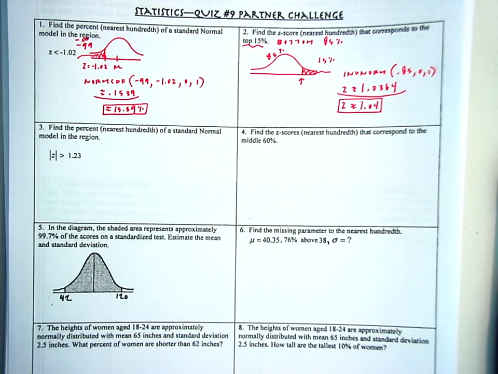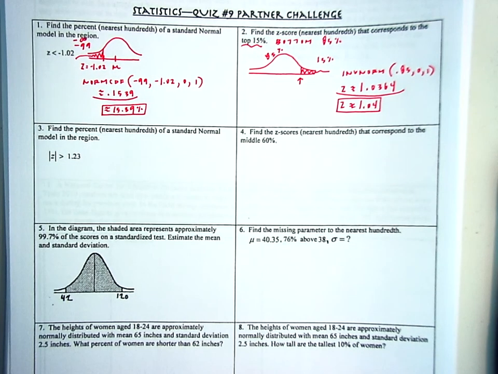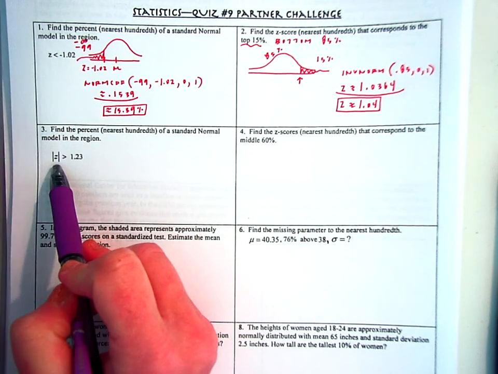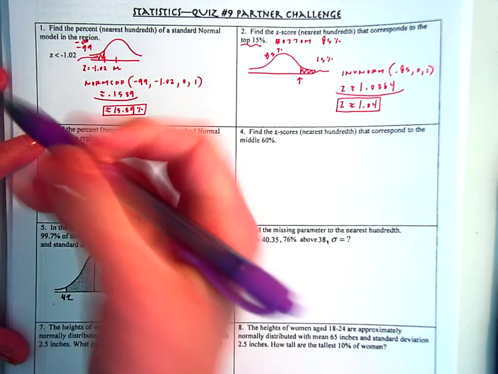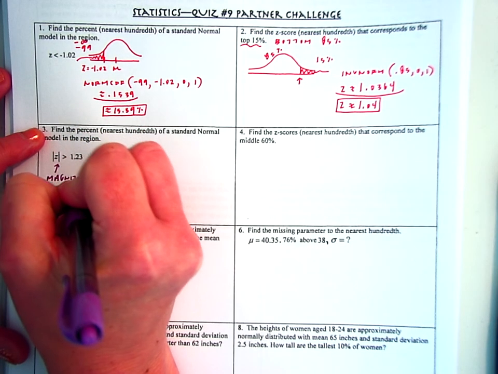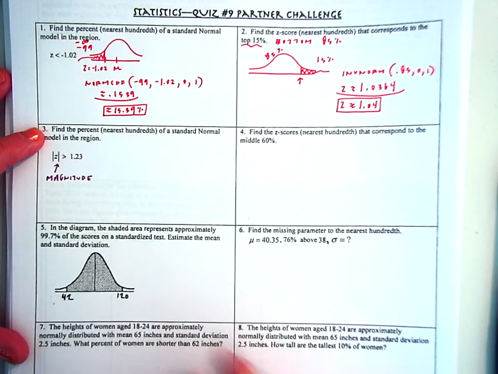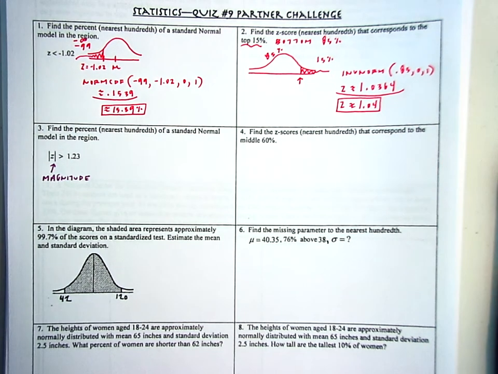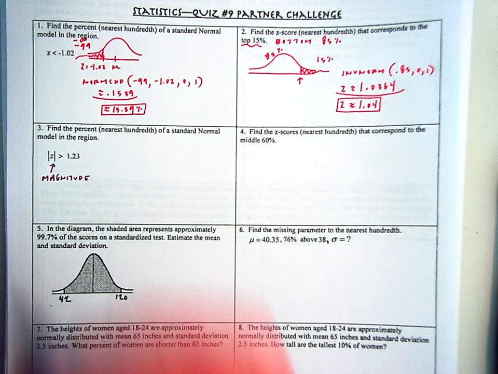Find the percent to the nearest hundredth of a standard normal model in this region. Once I see my absolute value bars, I know, oh, that reads as a magnitude. It's really asking me the distance from the mean. So it's saying the distance from the mean, where the z-score is 0, is going to be more than 1.23 standard deviations away.